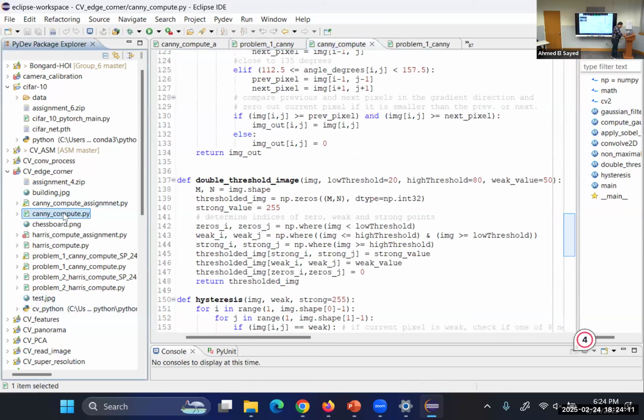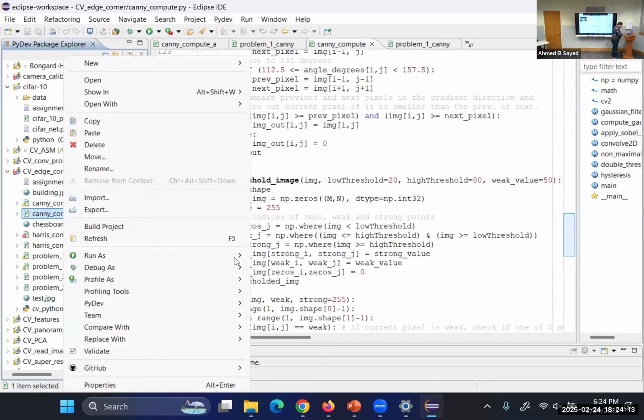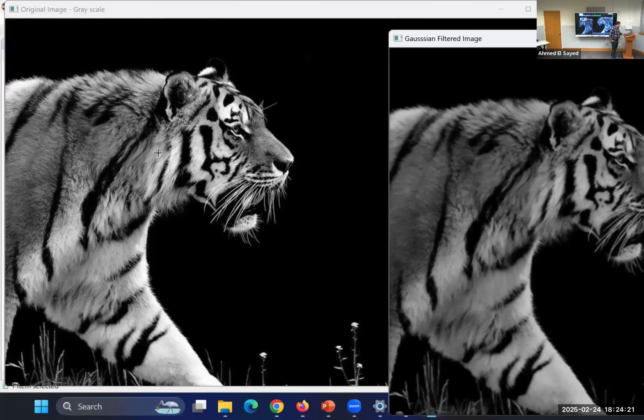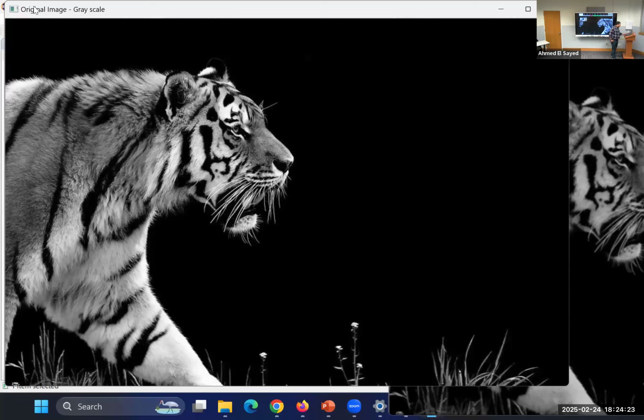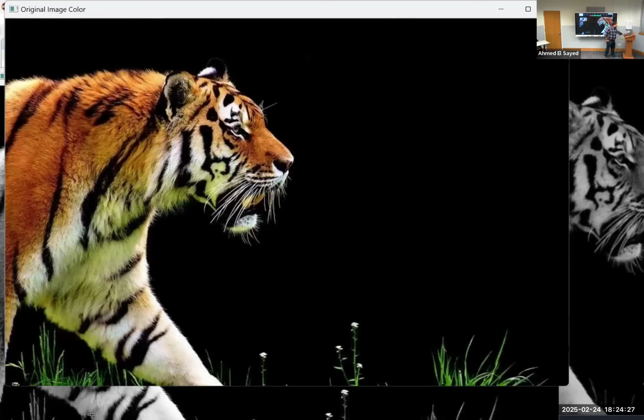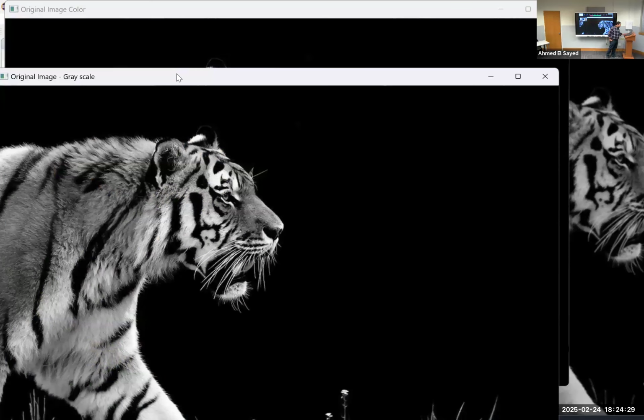So we are working with one. So this is the original image that we are working with. First, we are converting it into grayscale, the first step.